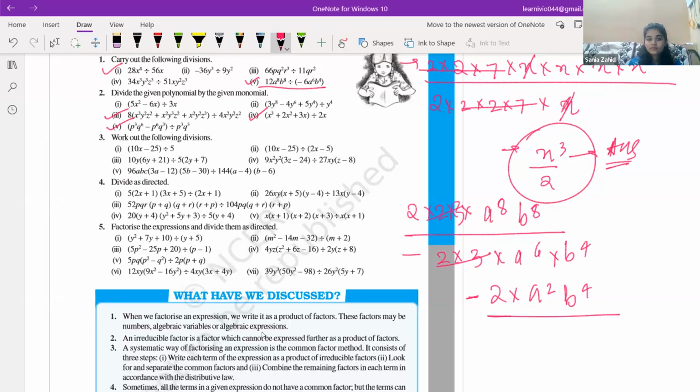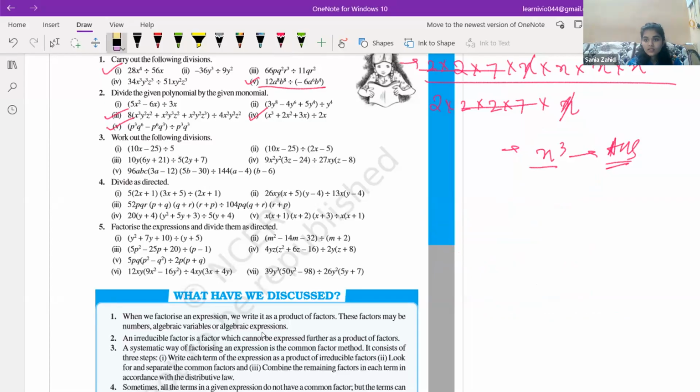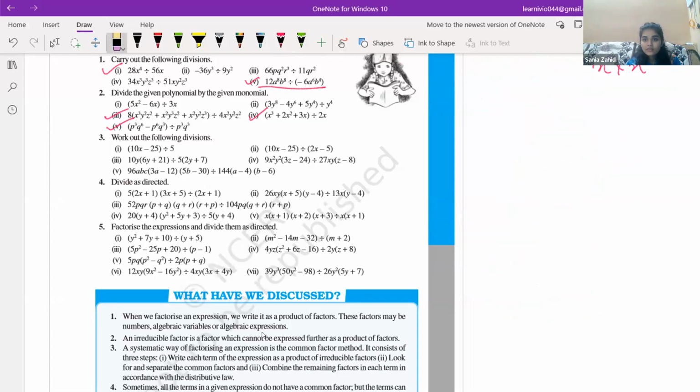Done. Okay, shall we discuss the answers? Firstly, we have 8x cube y square z square. In the third one we are discussing, what will you take common? x square, y square, z square.